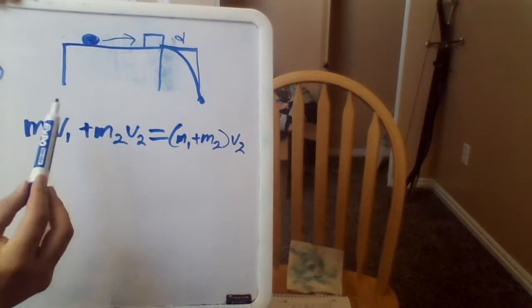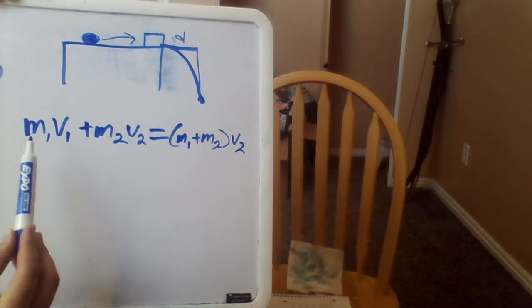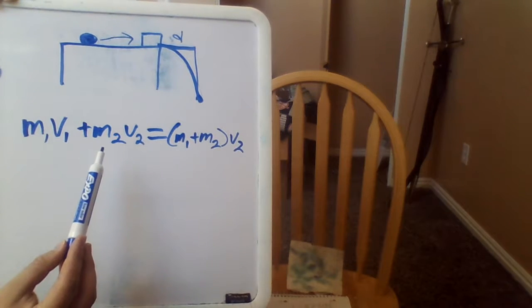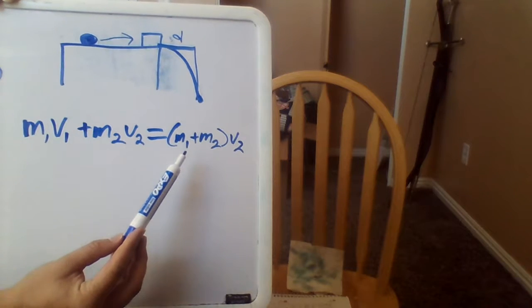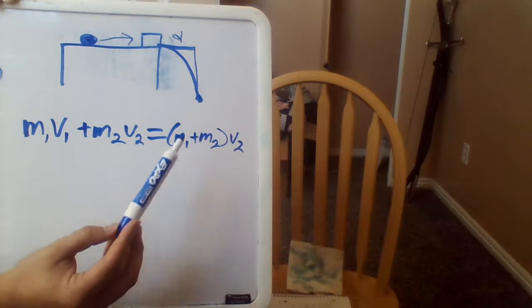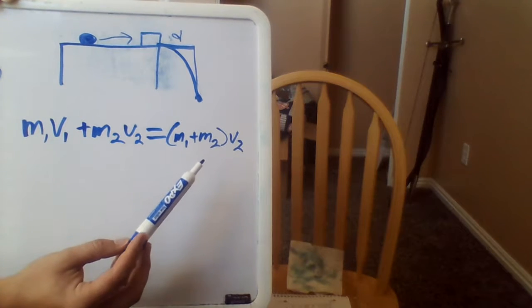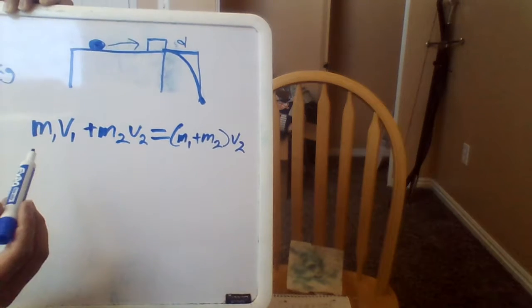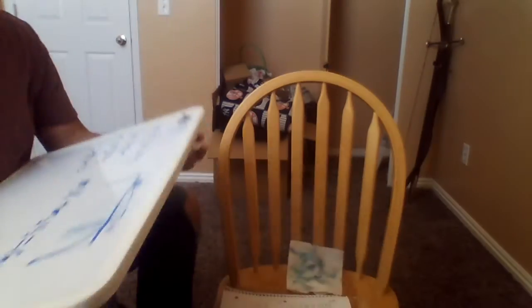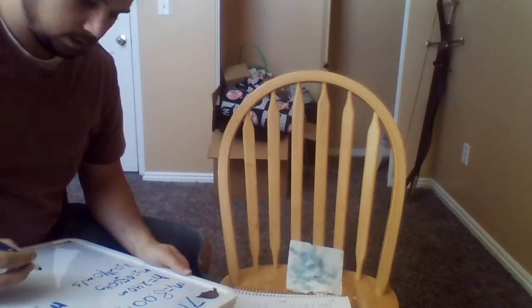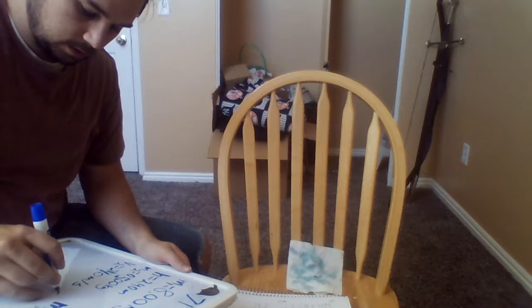So this is what we're going to plug into. First mass times its velocity plus the second mass times its velocity, and we're going to set that equal to both the masses added together times the velocity. And then we'll solve for V2. And I'll plug those in just so you can see what that's going to look like.